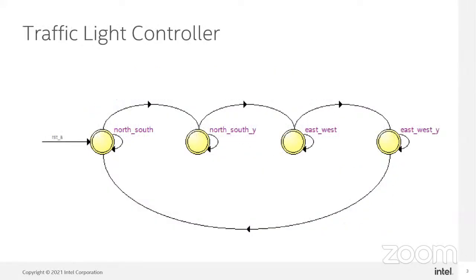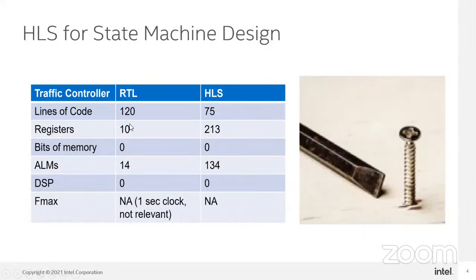When we do that, you will be getting a traffic light controller like this. And it is very easy for us to code that in the RTL. It takes 120 lines, right? And then when you convert that code into the HLS converted code, it takes only 75 lines.